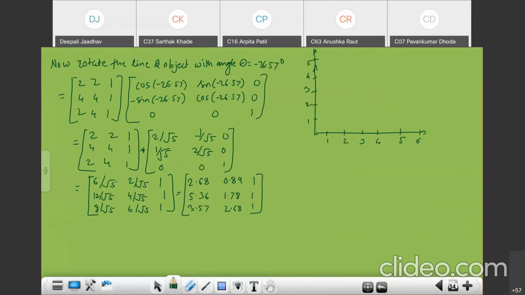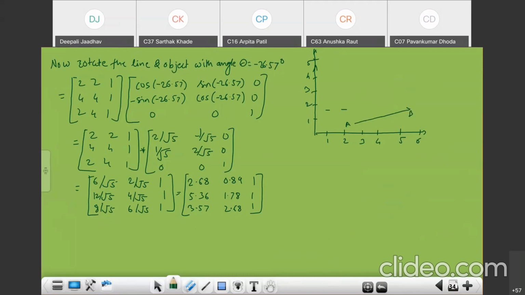First, A is now 2.68, it is somewhere here, and 0.89, not exactly, but somewhere here. Then B is 5.36 and 1.78, it may be somewhere here.